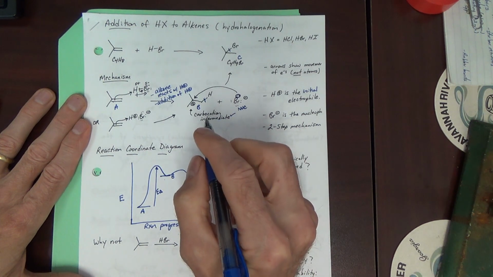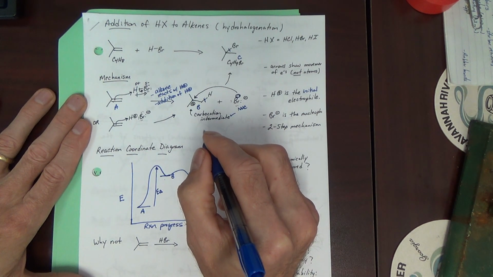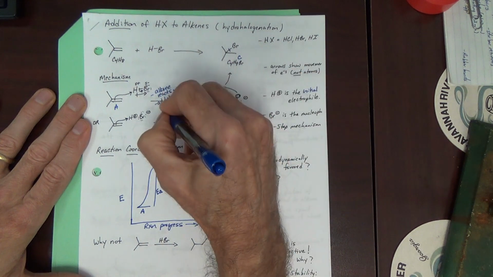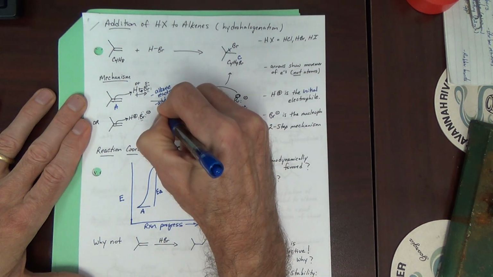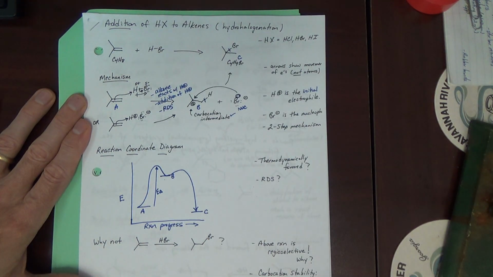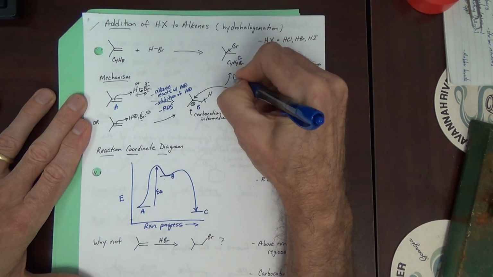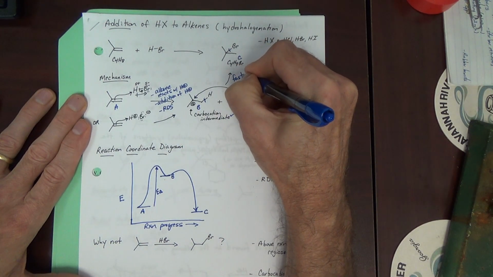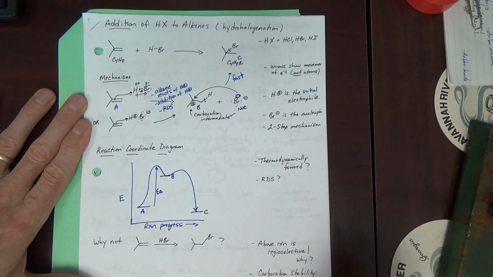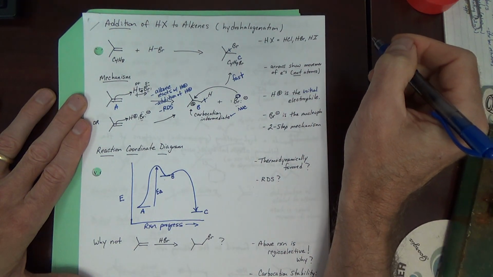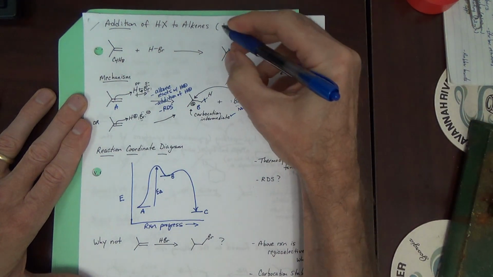All right. And this is your rate determining step. If that's rate determining, we call this the fast step. What happened in the fast step?